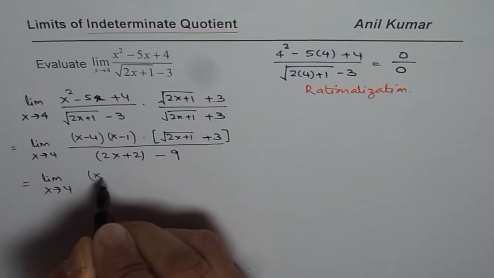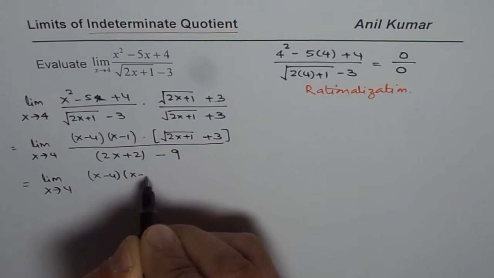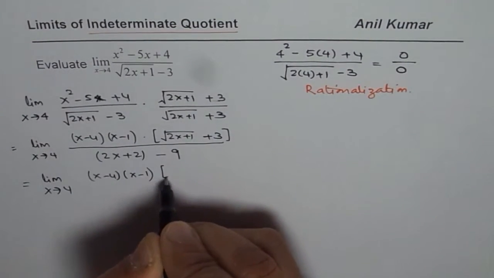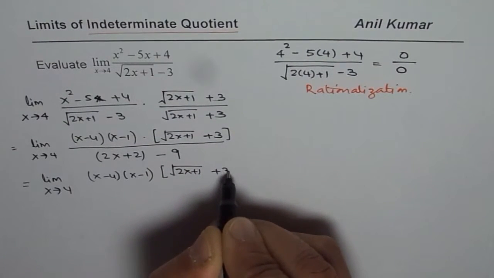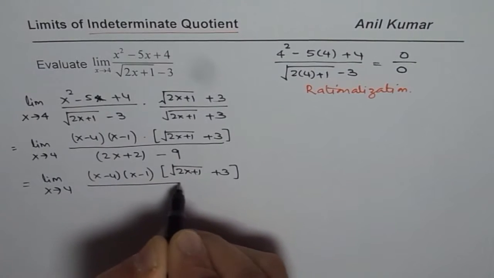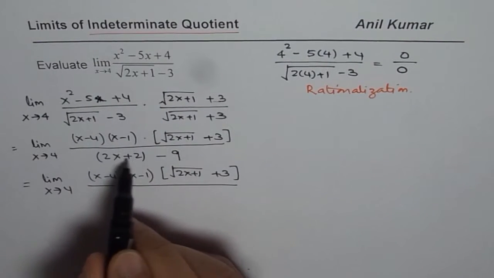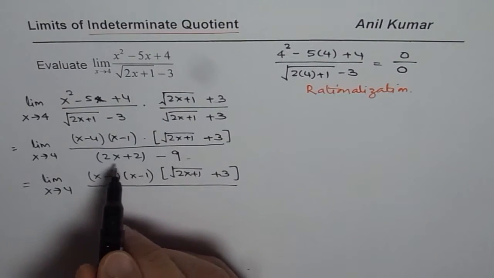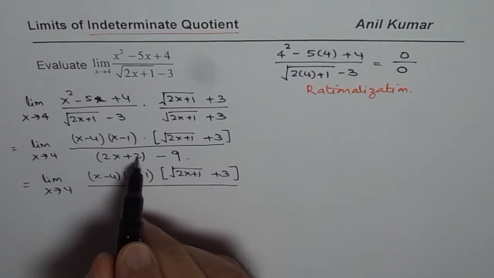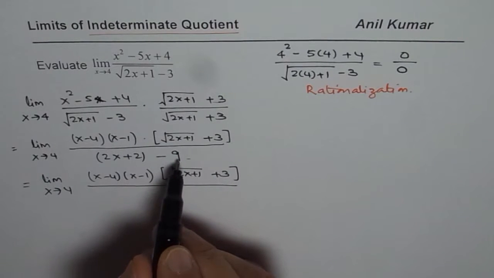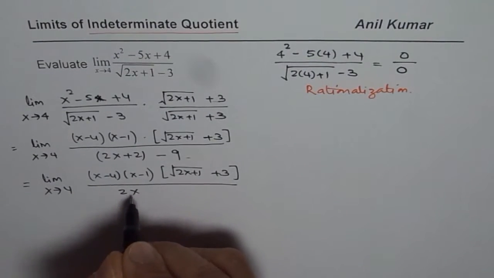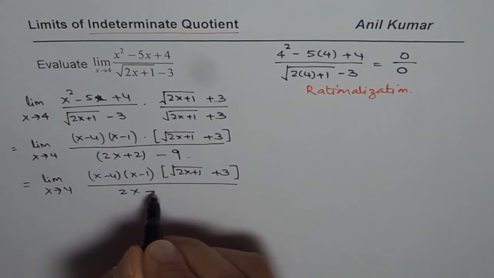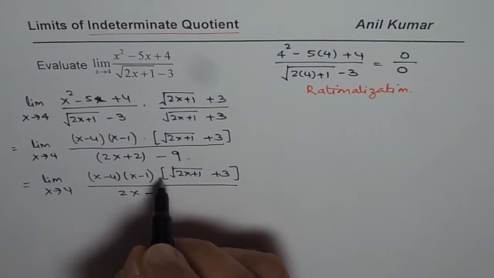We have x minus 4 times x minus 1 times square root of 2x plus 1 plus 3 divided by, so we can open the bracket and solve it. So we get 2x plus 2 minus 9.